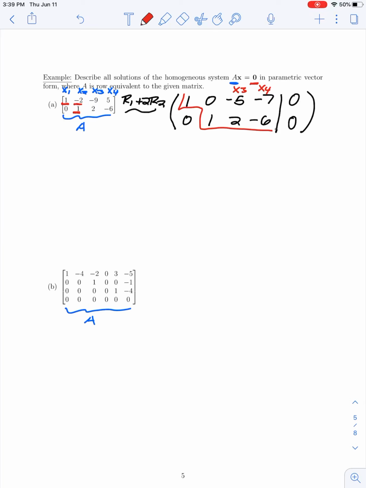So we're going to let those 2 variables be free variables. So let's make our choice for x3 and x4. Here I'm going to let x3 be t, and x4 equal s, be free variables.